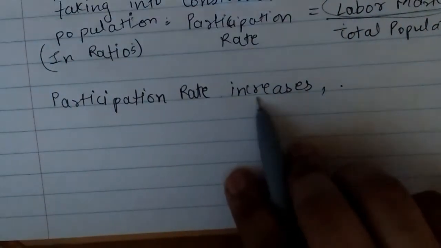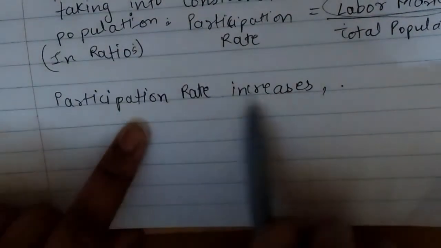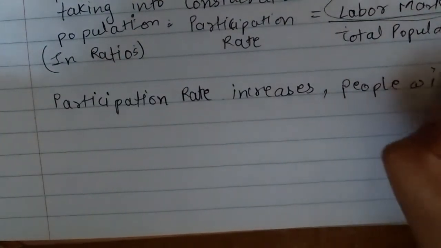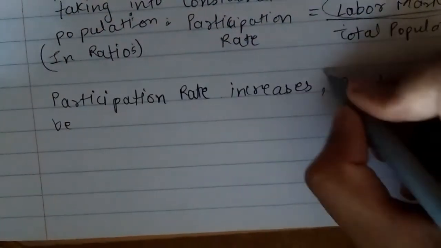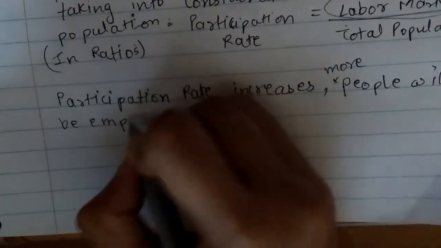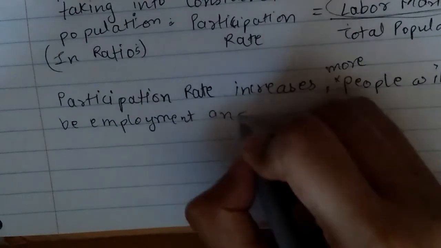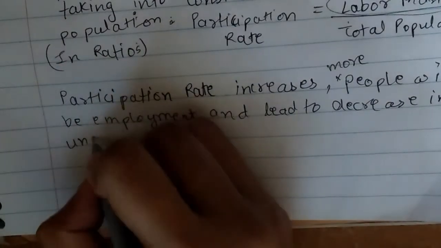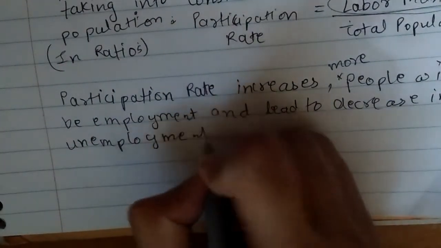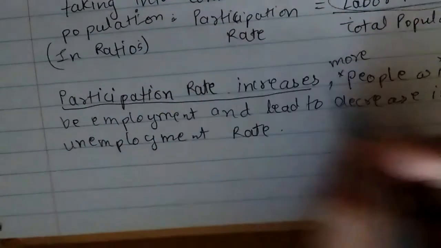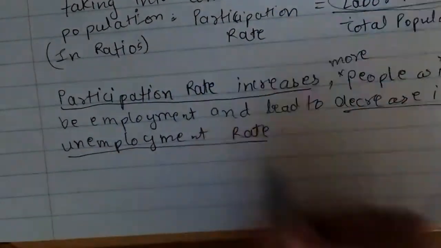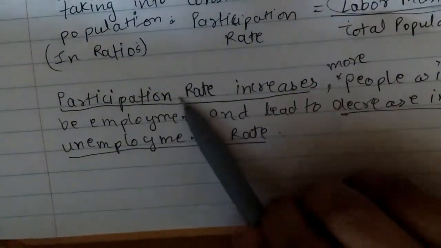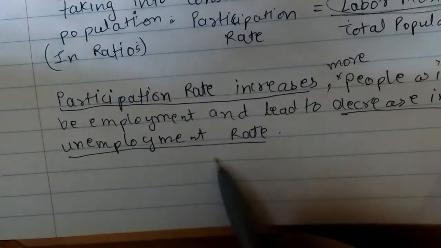When the participation rate increases, it is more likely that more people will be employed, leading to a decrease in the unemployment rate. That means as the participation rate increases, a decrease in unemployment will be seen. This is how the participation rate and the unemployment rate are connected.